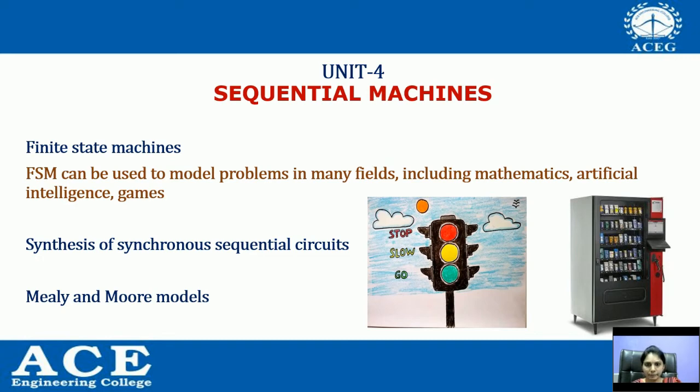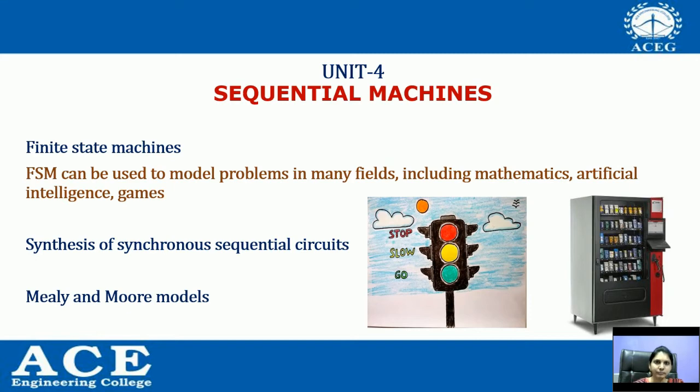Our traffic lights state machine is said to be finite because we have a finite number of states. Some more examples of FSM are a vending machine, which we see in airports, an elevator in malls and railway stations, I think we have seen, and a self-driving car system.